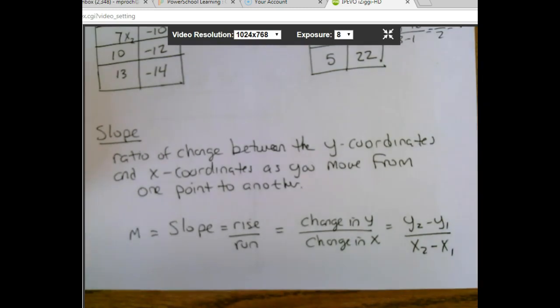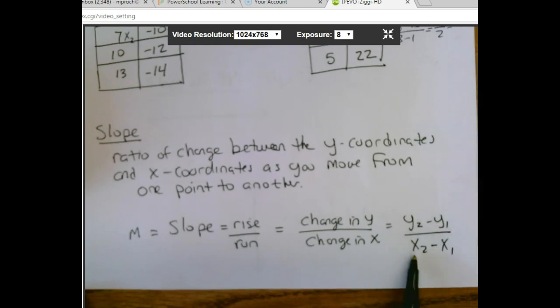This is what I use to abbreviate it. It equals the rise over the run. Okay, the rise is up and down, it's y. The change in y over the change in x. And I've been kind of alluding to this because I've been using these y2 minus y1 and x2 minus x1. But this is really the equation. We would usually see m equals y2 minus y1 over x2 minus x1. So that would be our equation for slope.